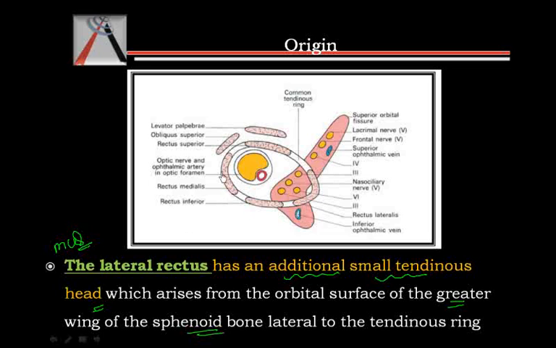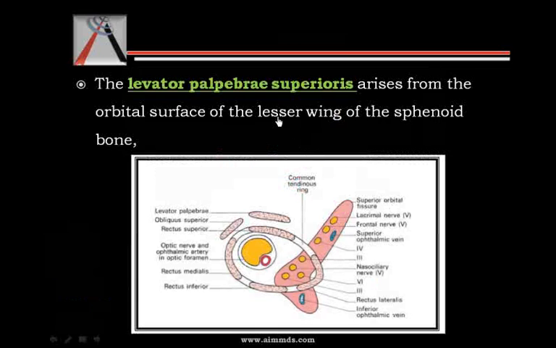We can notice that from the tendinous ring we have just the attachment to the recti muscles. The remaining 3 muscles, that is the 2 obliqui and 1 levator palpebrae superioris, do not arise from this tendinous ring. Now in this diagram we can see the origin of the levator palpebrae superioris muscle. It arises from the orbital surface of the lesser wing of the sphenoid.